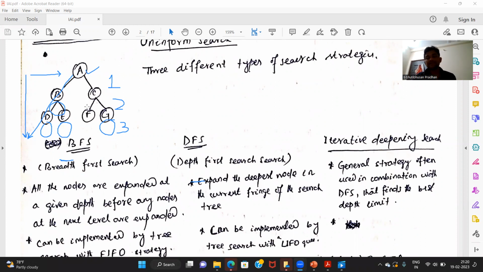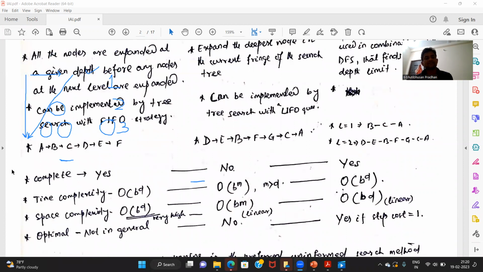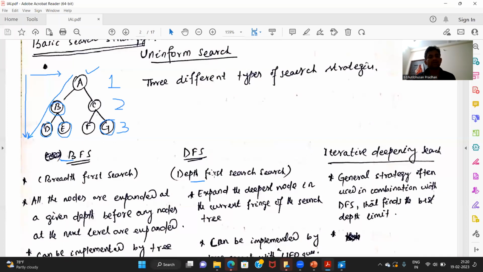So what are the advantages and disadvantages? In order to consider them, let us consider these 4 factors: time complexity, space complexity, completeness, and optimality. It is not a complete strategy. Why? The reason is that suppose one of the nodes goes to an infinite depth.